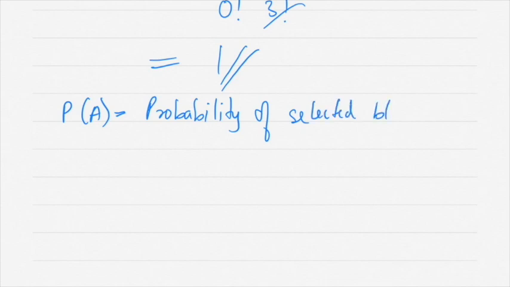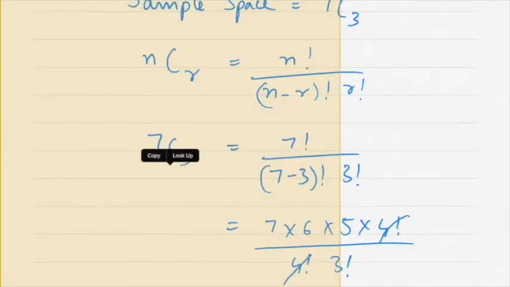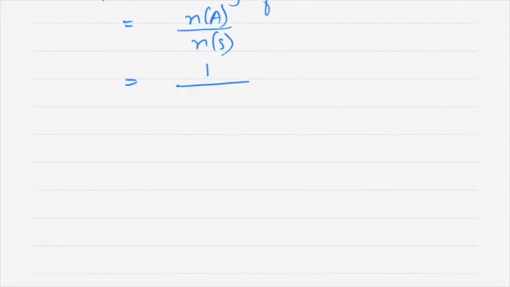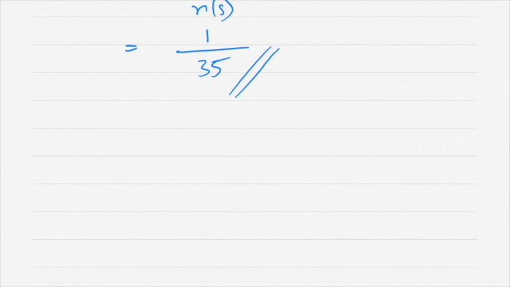Probability of selected blue balls will be n of A upon n of S. N of A is 1 and n of S is 35. So P of A is 1 by 35.